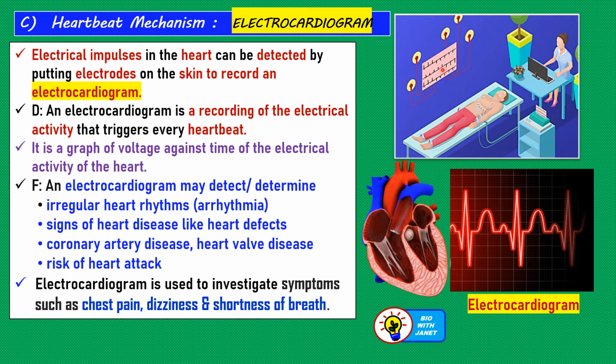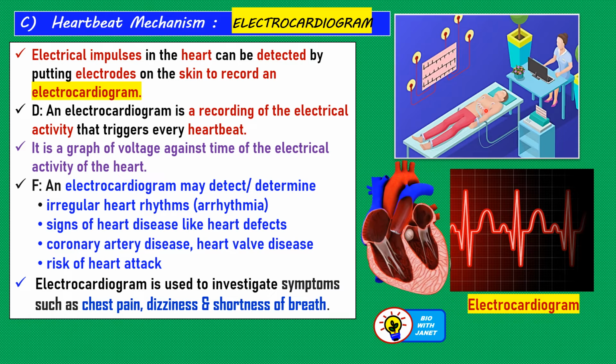It starts with the sinoatrial node, and then the electrical impulse passes to the atrioventricular node, and to other tissues like the bundle of His and the Purkinje fibres. An electrocardiogram can be done on a person, especially when they complain of chest pain, dizziness, or shortness of breath.